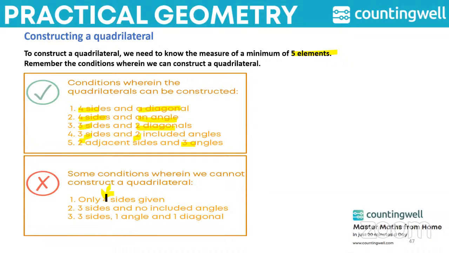But if we are asked to find a quadrilateral where the measure of angles should be given, in that case we cannot construct it if only the 4 sides are given. And if only 3 sides and no included angles are given, then also we cannot construct that quadrilateral. And if 3 sides, 1 angle and 1 diagonal are given, then also we are not able to construct a quadrilateral.